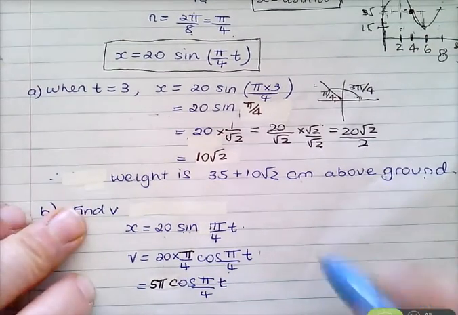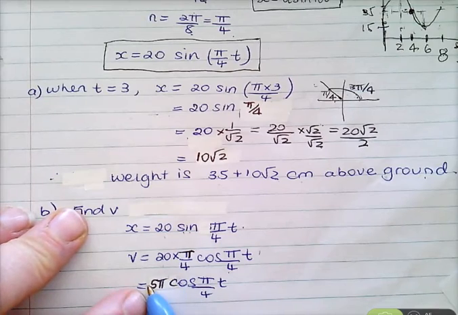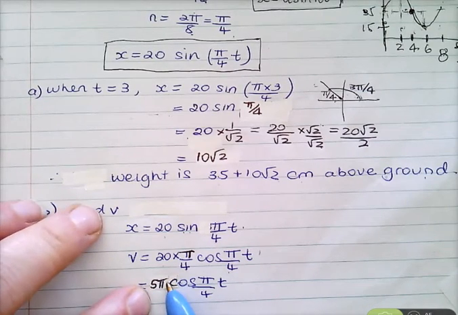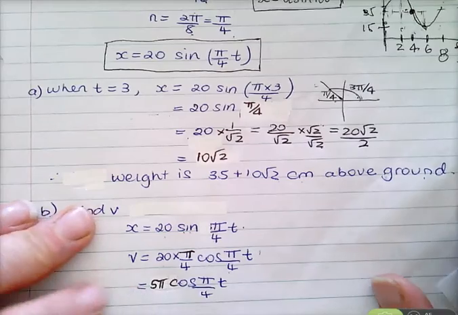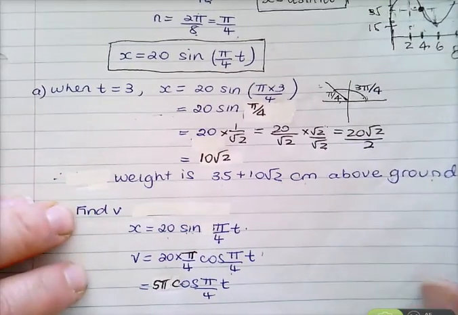Now, that means that the velocity equation has an amplitude of 5 pi. That 5 pi is actually the maximum velocity, or the speed at the centre.